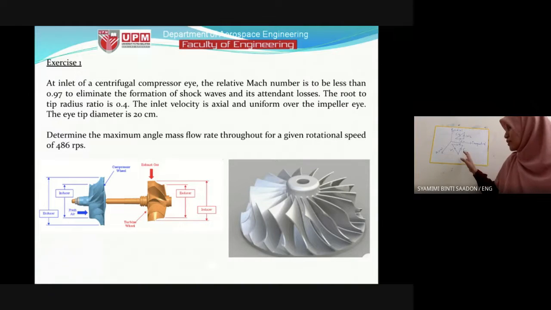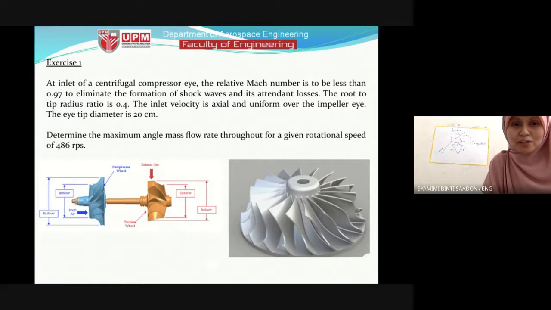In this question alpha is 0, but we have a value of beta. Beta is the angle between the relative velocity and the rotational speed U. The rotational speed U is 486, which we are given. So let's start.